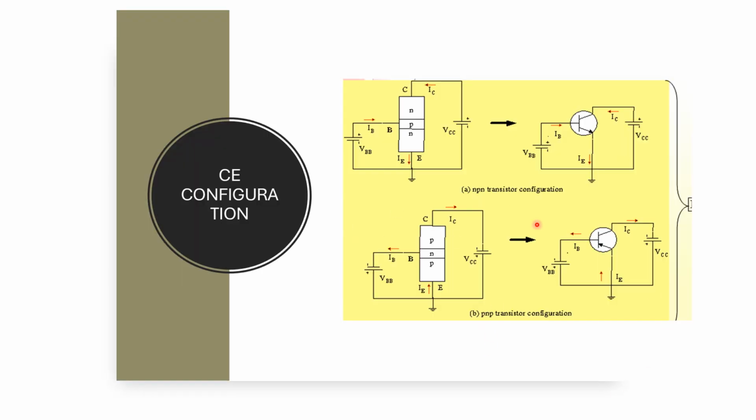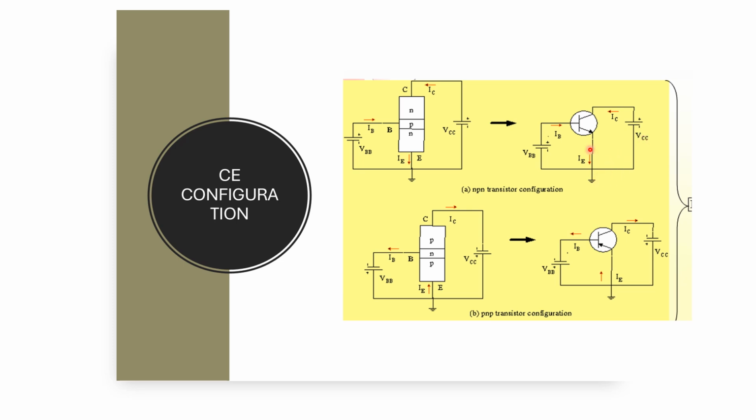Same as the CE configuration, here the emitter is common, with base and collector. See one example: NPN transistor, N-type, P-type, and N-type. The input junction is forward biased, positive, negative. The output junction must be connected in reverse bias.